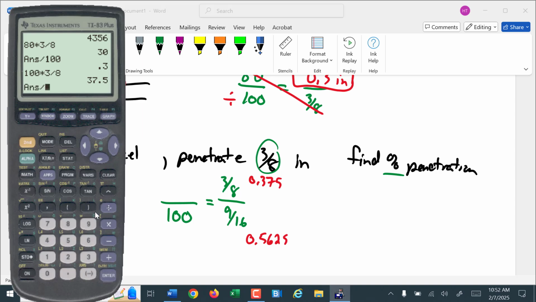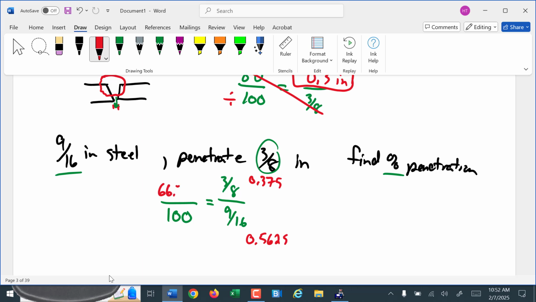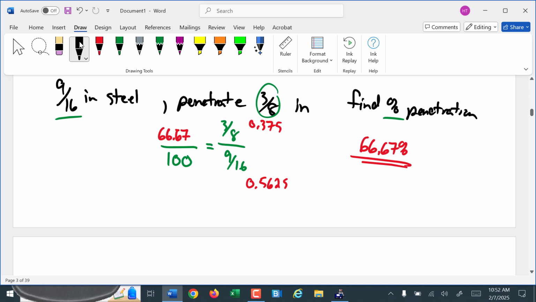Now to divide by 9/16, we have to put the 9 divided by 16 in parentheses. We get 66.67. So 66.67 out of 100, or 66.67%. What do you think? Not bad.